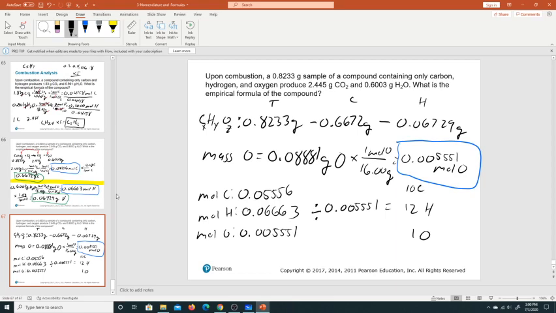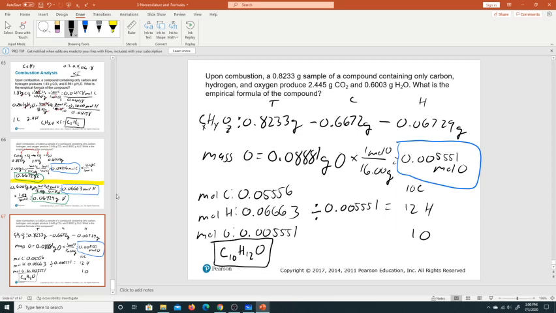The one for H was actually 12.003, close enough to 12. Carbon was 10.0162, close enough to 10. So we have whole numbers. That's good. No fractions. Finally, we get C10H12O, and that now becomes our empirical formula.